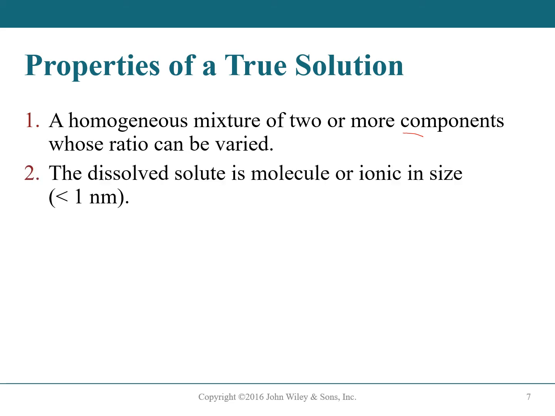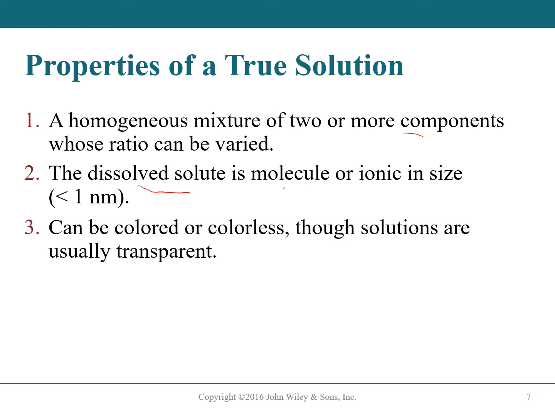The other thing is that when you dissolve your solute, it looks like it disappears, but it really hasn't. What happens is now you have the individual molecules or the ions floating around in a large amount of solvent. And that's why you can't see it anymore. We don't have our Superman eyes. So when you dissolve your solute, it's on the molecular or ionic size.